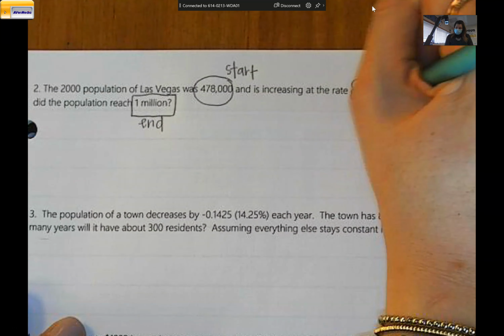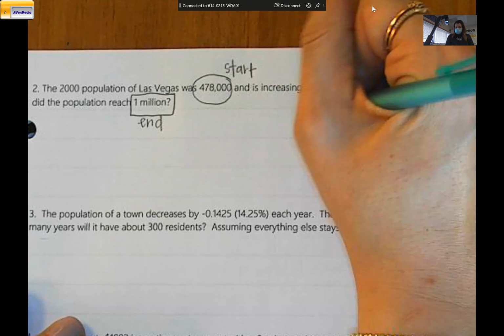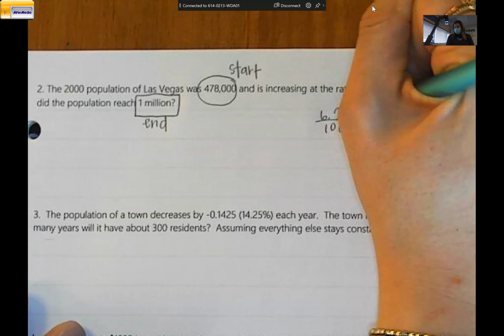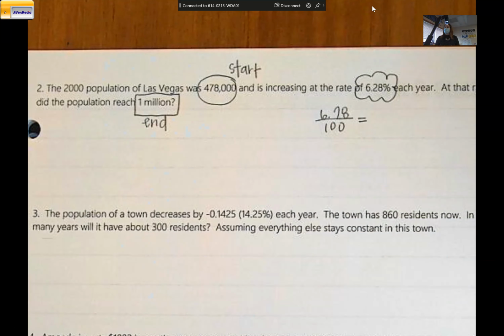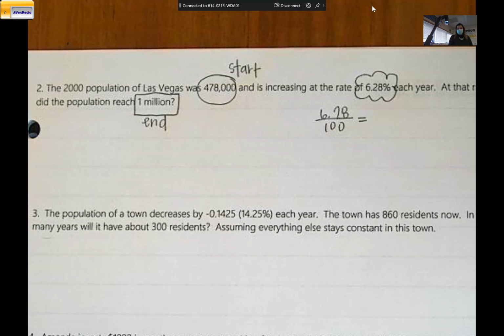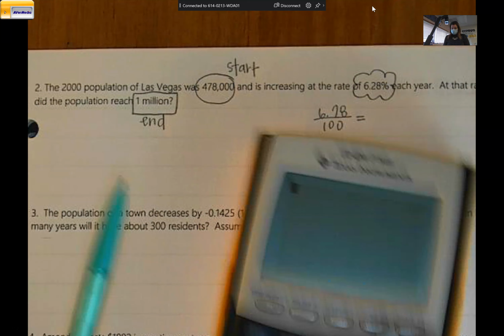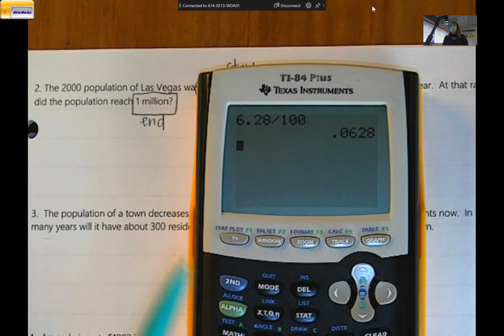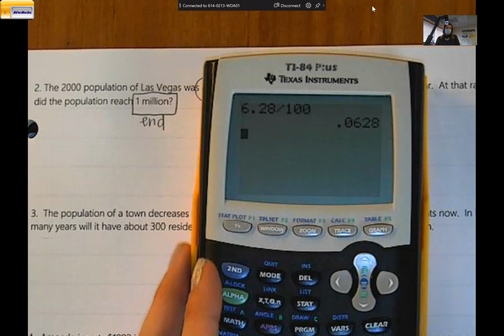6.28 is our rate, but we have to turn it into a decimal. So we need to divide 6.28 by 100. So 6.28 divided by 100 is 0.0628.